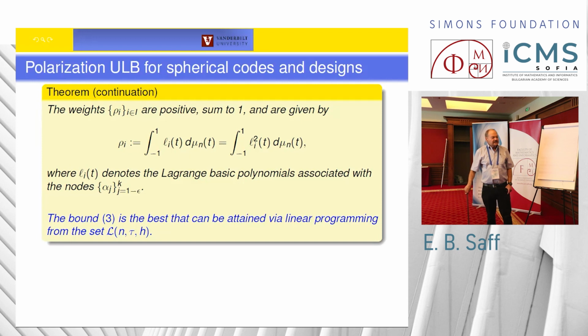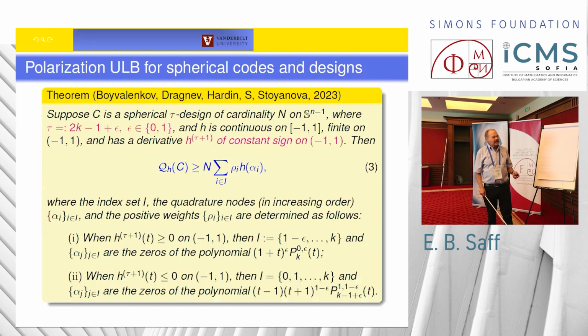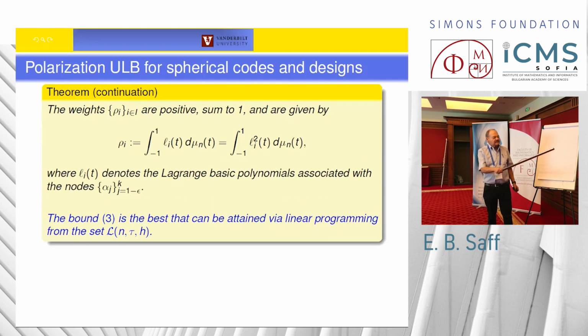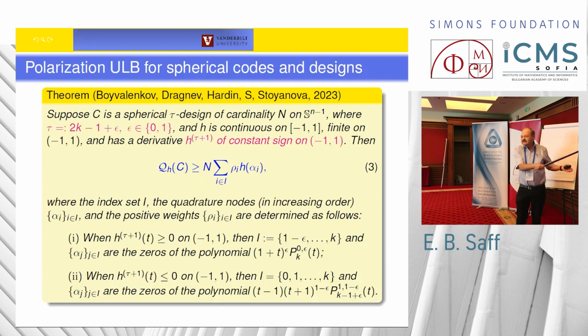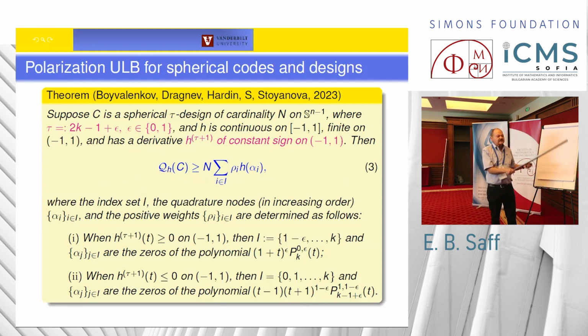So that's the result, and it's the best possible result that could be obtained via linear programming. So that's the lower bound that we're getting. Okay, so what's so great about this theorem? Well, one thing is it's kind of universal, because these quadrature points don't depend on h. They're working for a large class of h, so it's universal in that sense.